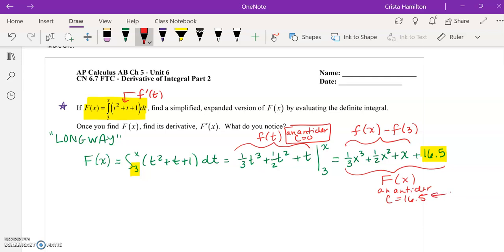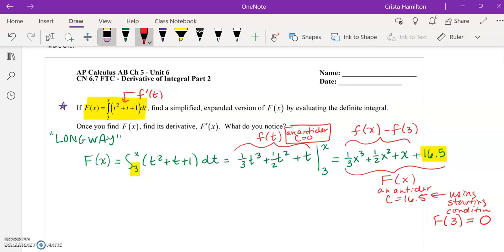This came from using the starting condition, that if I were to calculate F of 3, you would get 0 on that. You can check that out and see what we have going there.